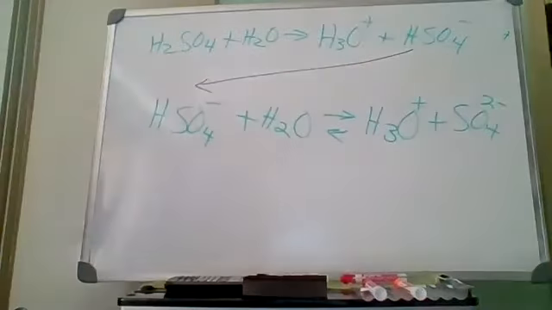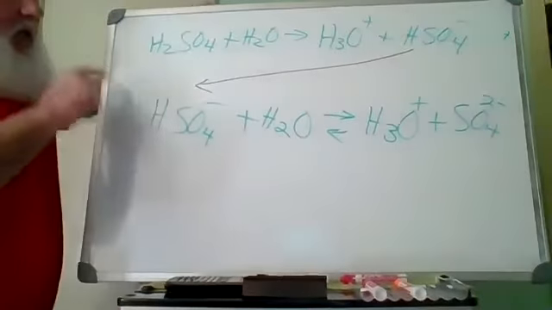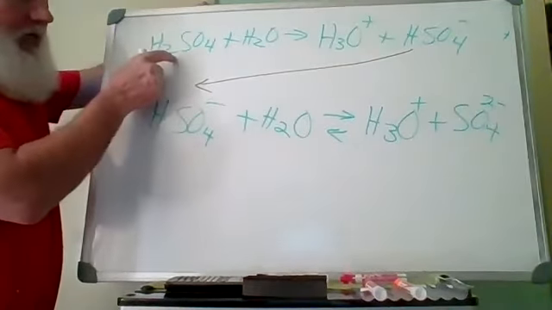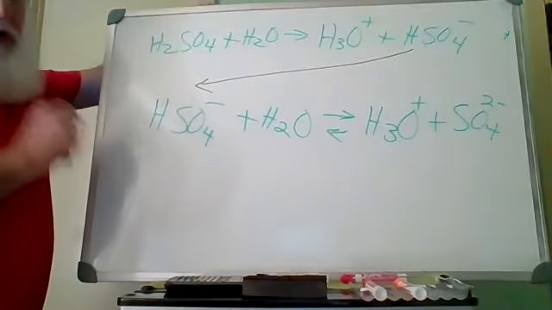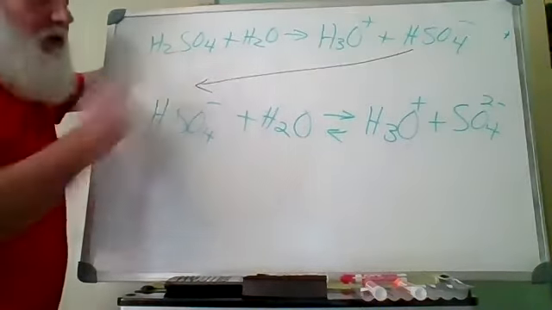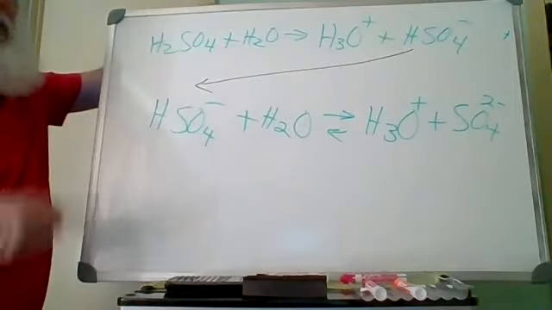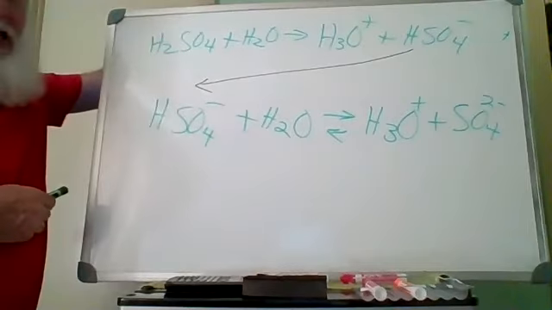Okay. Now, does this mean that in every polyprotic acid, in other words, an acid that contains more than one acidic proton, the removal of the first proton is always a strong acid phenomenon? The answer to that is no. In most cases, both steps will be weak acid.